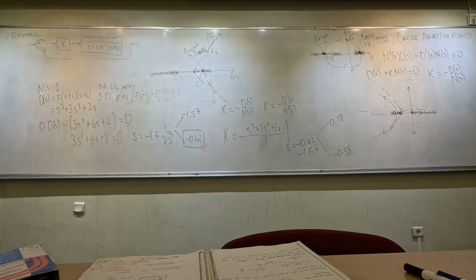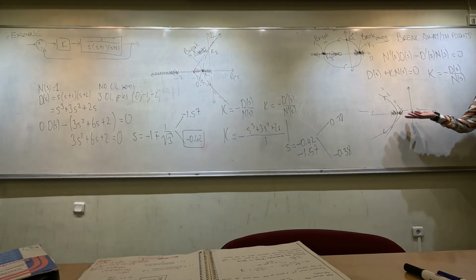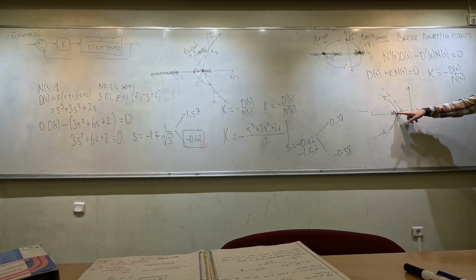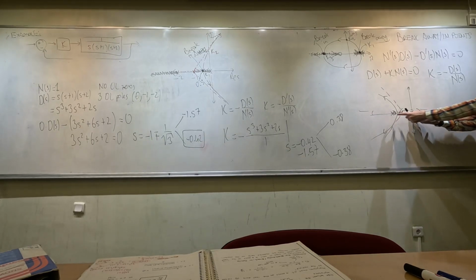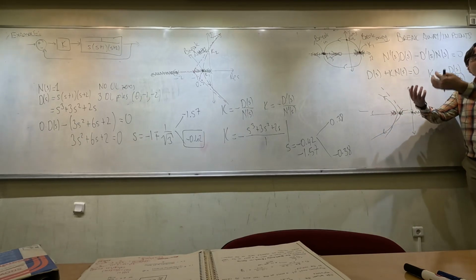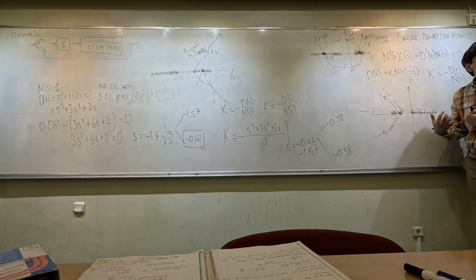Okay? And here, where is the k value minus 0.38 in this complementary root locus? Right here. Okay? So the roots start again from the open loop poles at k is equal to 0, and now I'm decreasing k into the negative values.